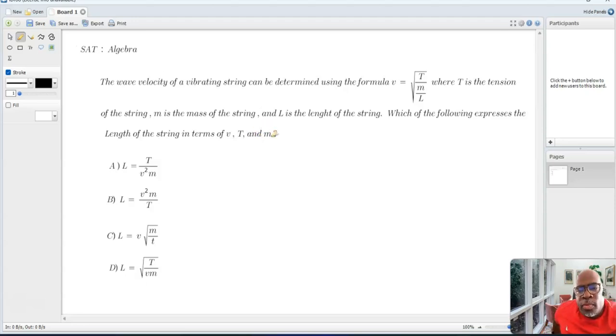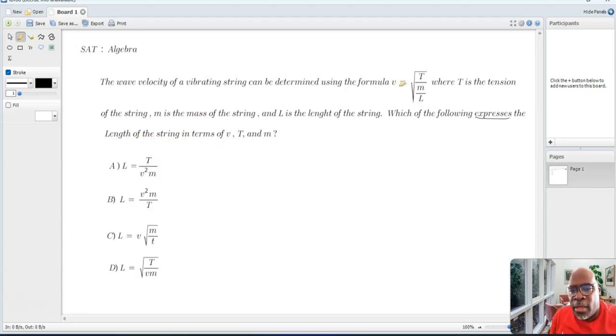Now, let us start at the end of the question. They're asking which of the following expresses the length of the string in terms of V. So in other words, they want you to express the length.